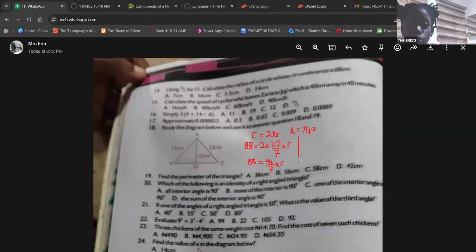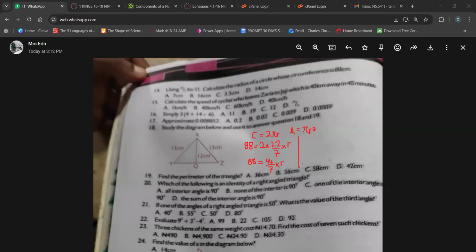We're going to divide both sides by what? Favor, are you there at all? I'm here. You're not saying anything. We're going to divide both sides by what? 44. Is it just 44? 7. Is it just 44?